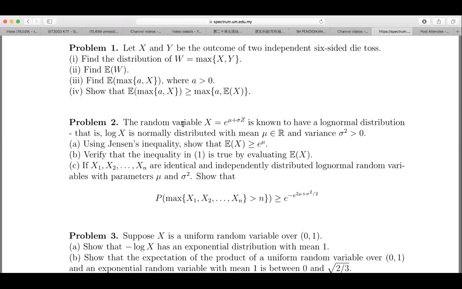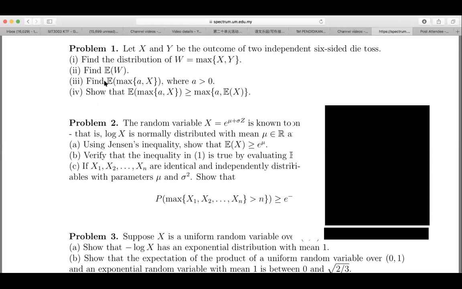Nobody wants to try number 2. Interesting question. Is it Ohm? Okay, great. Ohm will try question 2.